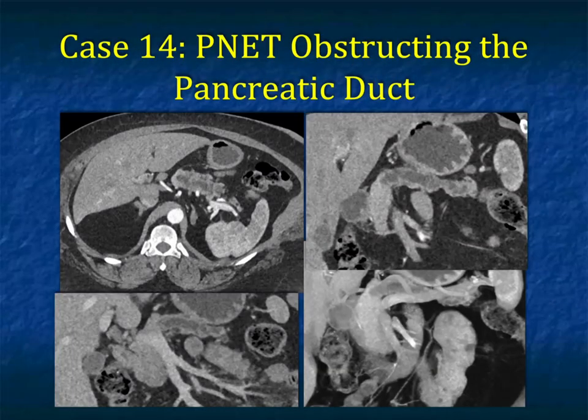Here's another case. Now, we mentioned before that neuroendocrine tumors typically don't obstruct the pancreatic duct. Typically, but not always. Here is a lesion that I would always call a pancreatic adenocarcinoma. Markedly dilated pancreatic duct, particularly well seen in the coronal views, and abrupt cutoff.